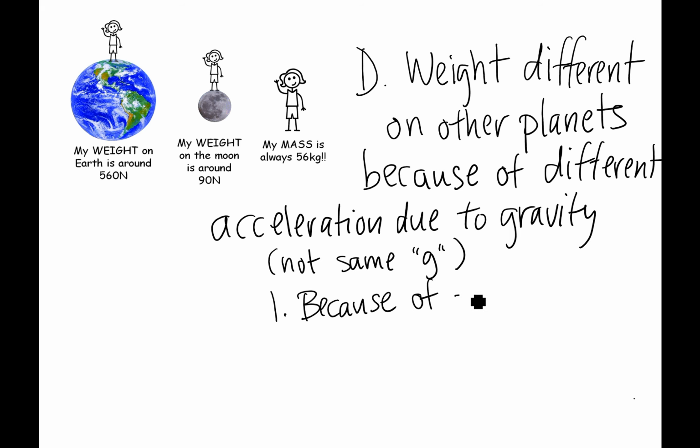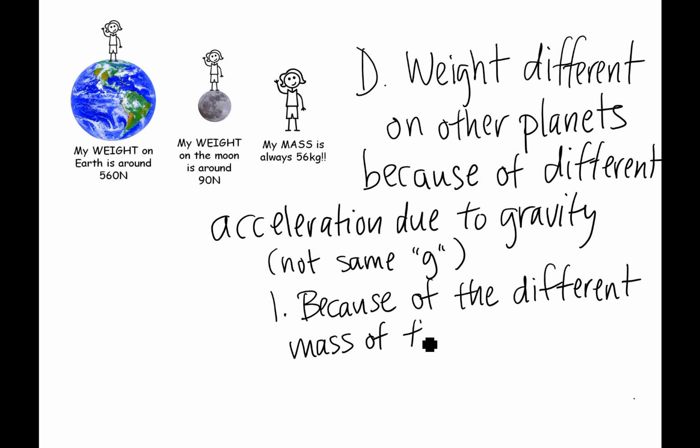This is because of the different mass of the planet or the moon. It's not that you have a different mass. You are exactly the same. You look a different size in this little picture, but you're the same.